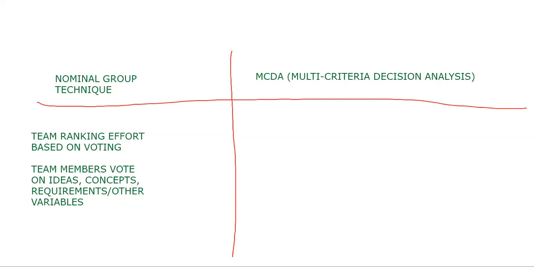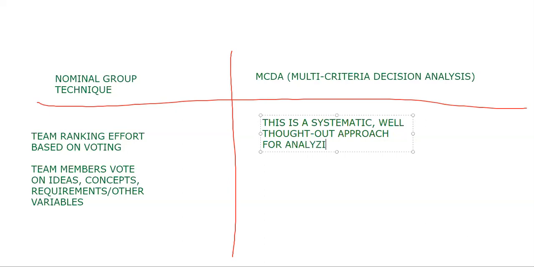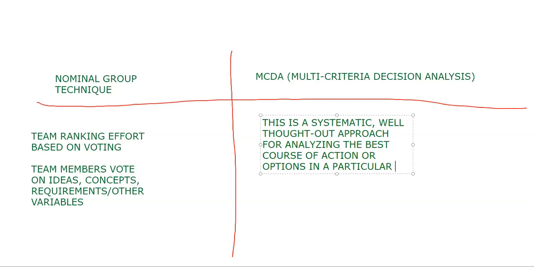So when we talk about MCDA, it is important that you realize this is a systematic, well thought out approach for analyzing the best course of action, or options, in a particular situation.